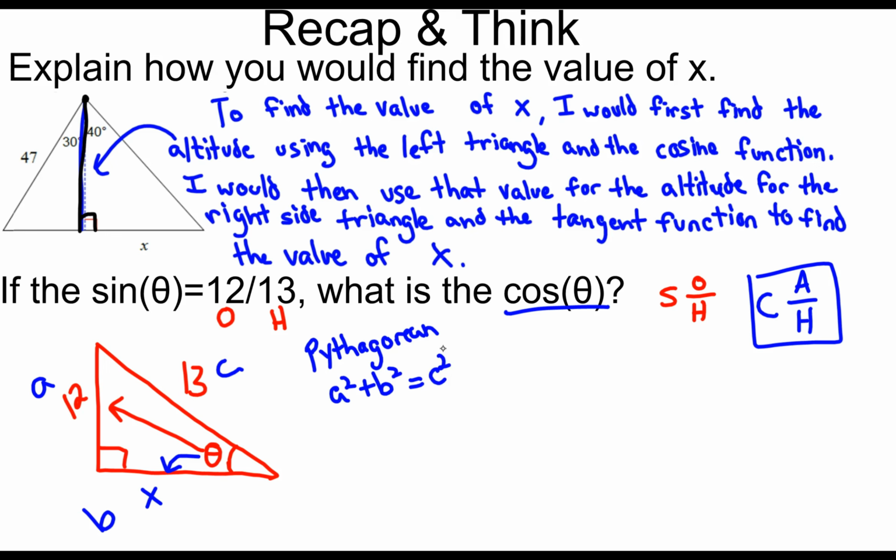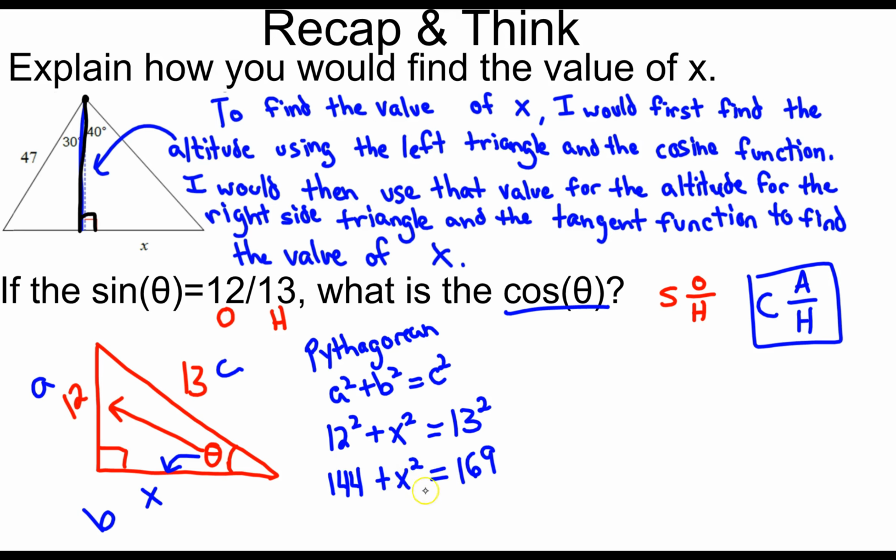So to solve this, all we're going to do is substitute in those values. So we said A was going to be 12, so that's 12 squared, plus B squared, that's what we don't know, so that's our x squared, is equal to C squared, in this case, 13 squared. Now from here we just solve this, we got to simplify these squares. 12 squared is 144, x squared I can't do anything with, so I'll just bring it down, and 13 squared is 169.